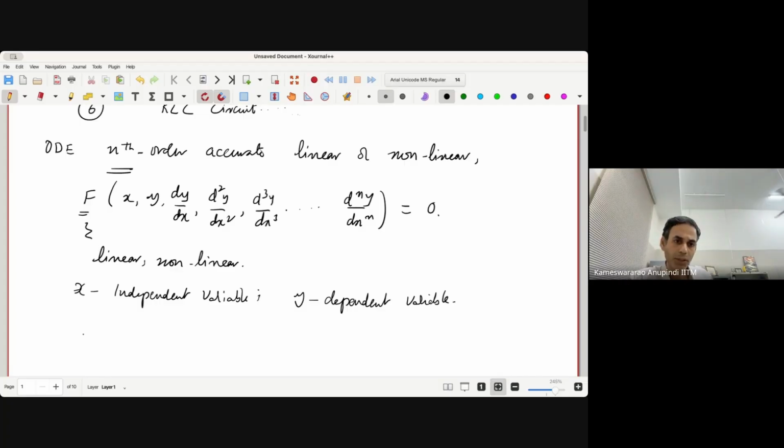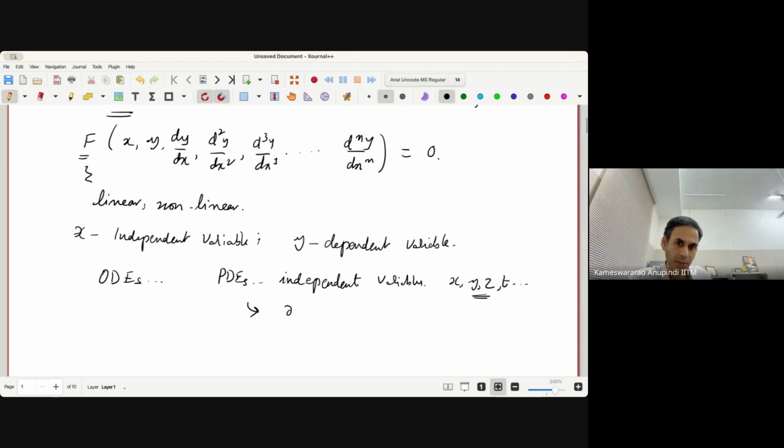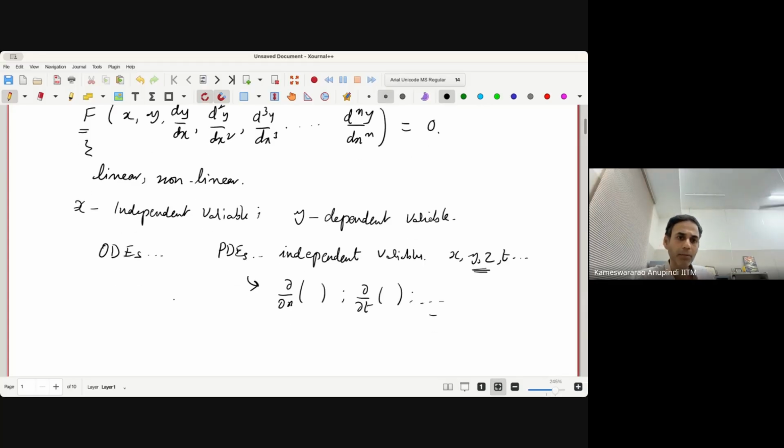Although ordinary differential equations appear much simpler than partial differential equations, where the number of independent variables is more, such as x, y, z, t, and we express the derivatives as partial by partial x, partial by partial t, and so on, in an ordinary differential equation you only have one independent variable, either x or sometimes t. That makes them somewhat simpler to look at.